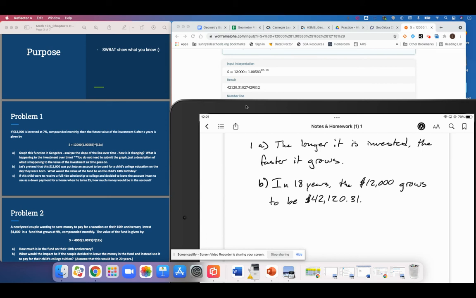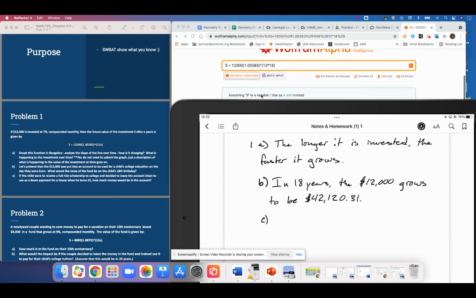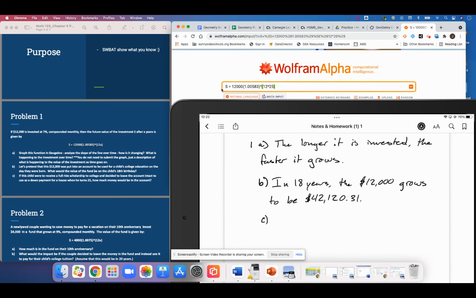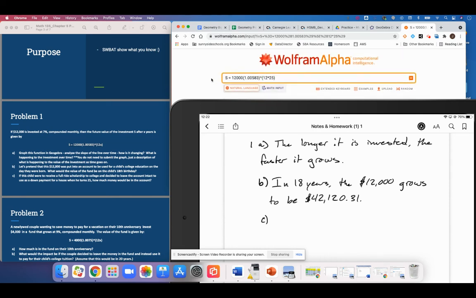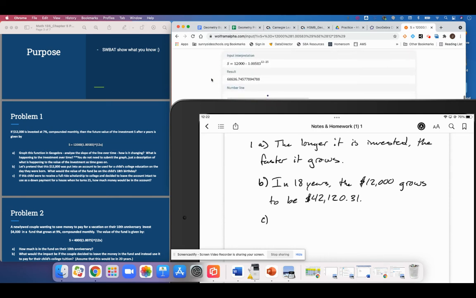And so then the next question, everyone, what if this person was to get a full ride scholarship, not need the money, and then pull the money out when they are going to buy a house when they're 25 years old? So the only change we need to make is to change this 18 to be a 25. And we'll see the impact of the 7 more years on that investment.